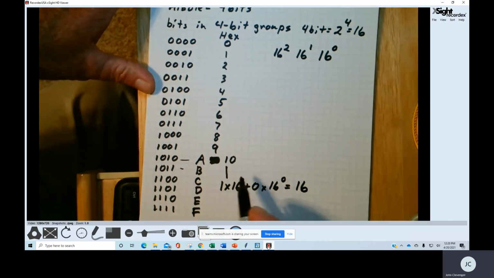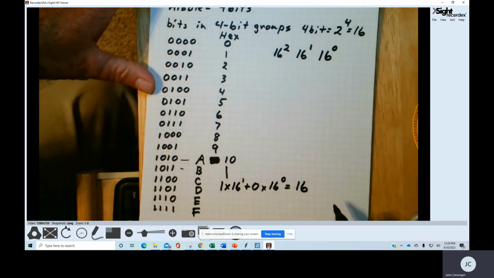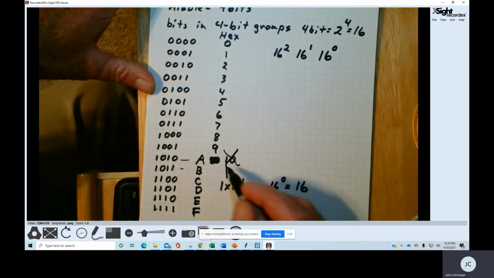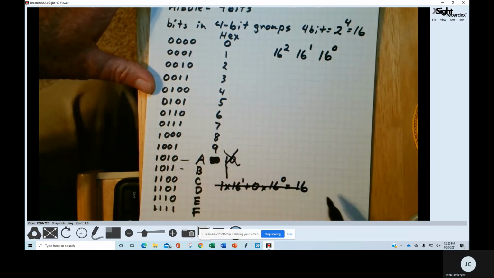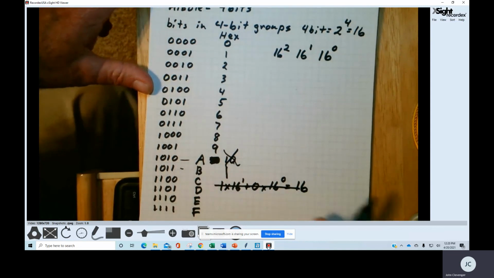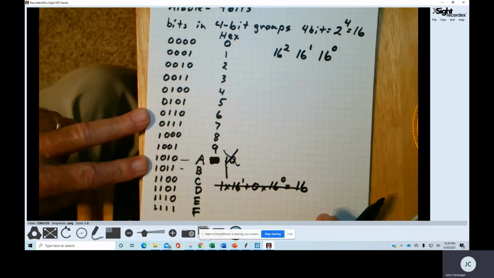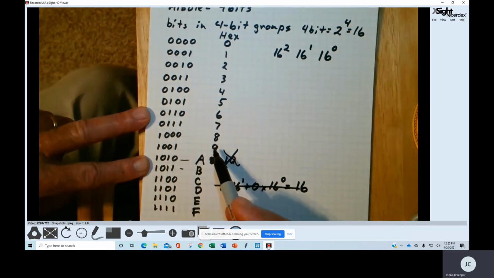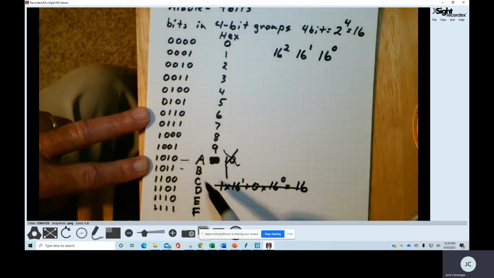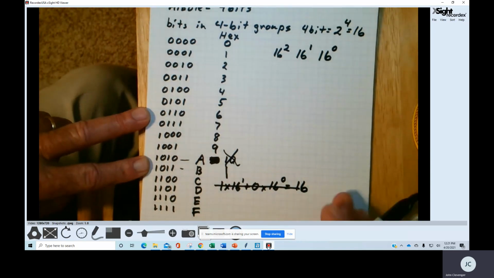And this can only represent a value of 10 in decimal, so I cannot record this as a 1 0. I have to use a new symbol to represent a quantity of 10 decimal items, because again, I've run out of symbols after 9. I have to start using the letters.